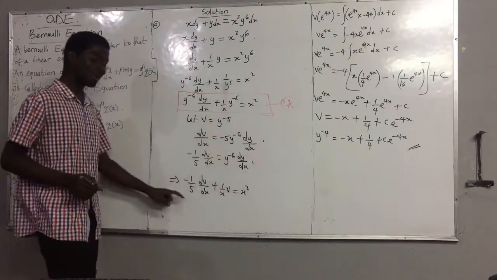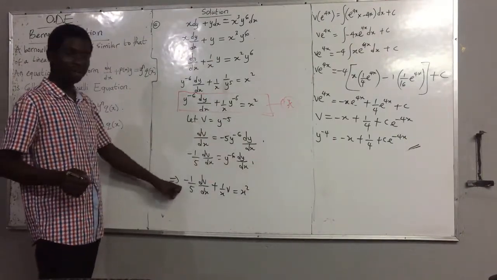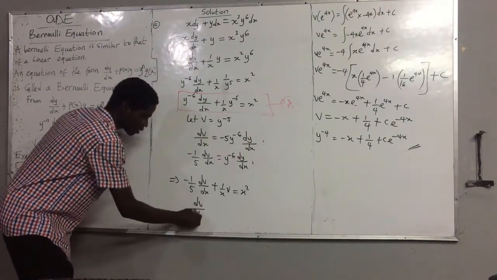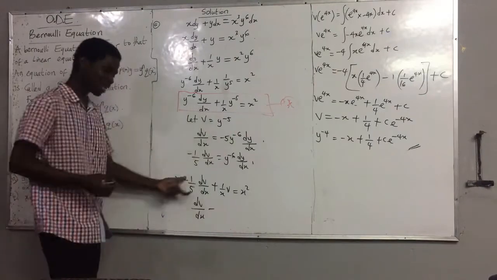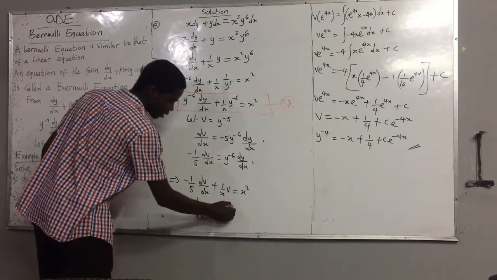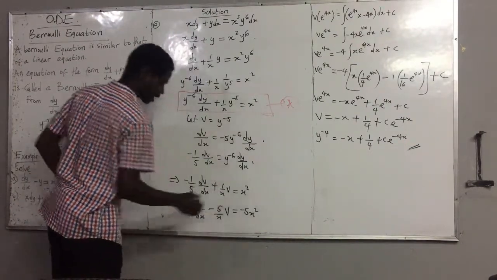So multiply through by minus 5. Minus times minus will become plus, 5 will cancel 5. You will be left with dv/ds, multiplying through by minus 5, so that's minus 5 over s v equal to minus 5 s squared. That is what you will have.